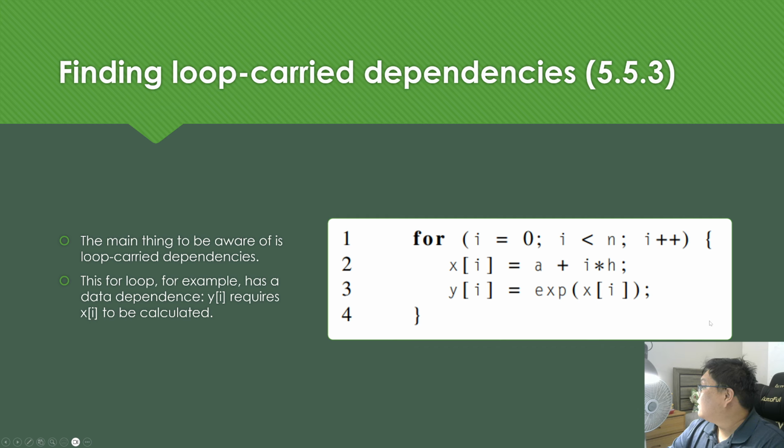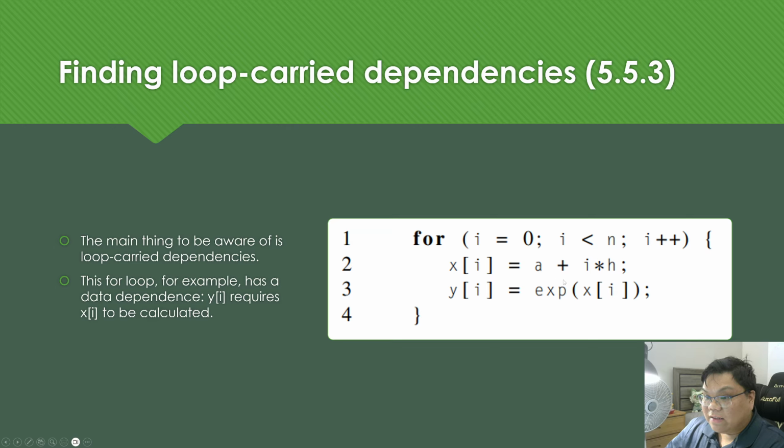Really, you just need to be aware of two things: what forms of a for loop you are allowed to parallelize using the parallel for directive, and any loop carry dependencies where the for loop requires the result of the previous iterations to calculate the next iteration.